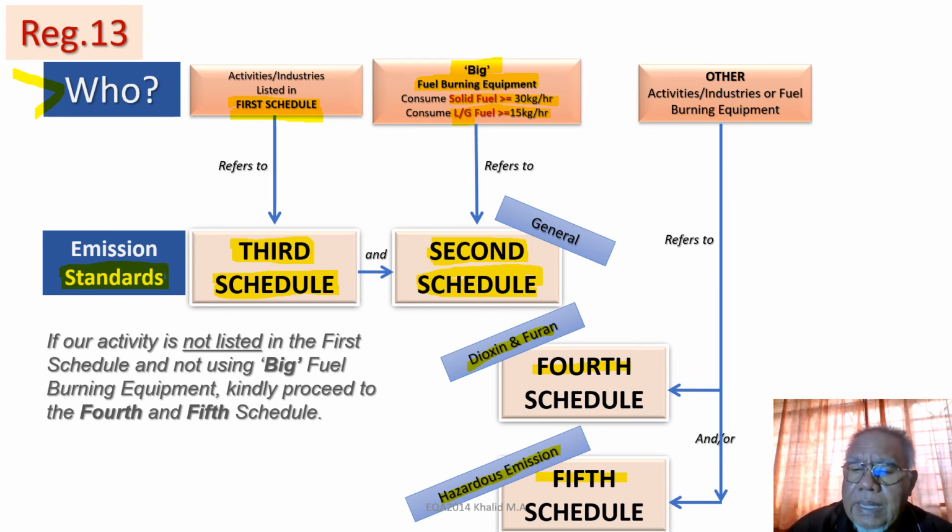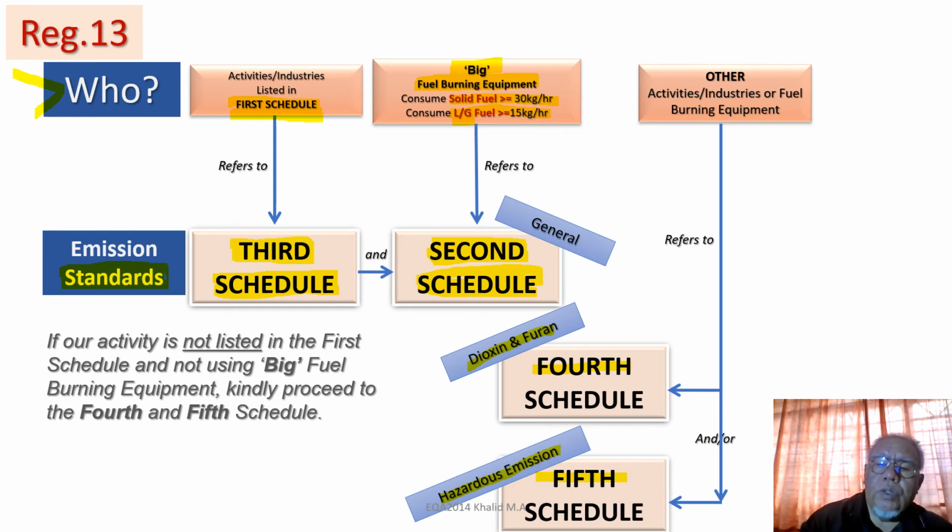If they are big by virtue of the quantum of their fuel, solid fuel equivalent to or more than 30 kilogram per hour, liquid and gas fuel equivalent or more than 15 kilogram per hour, they are subscribing to the second schedule in terms of fuel quality and emissions standard.